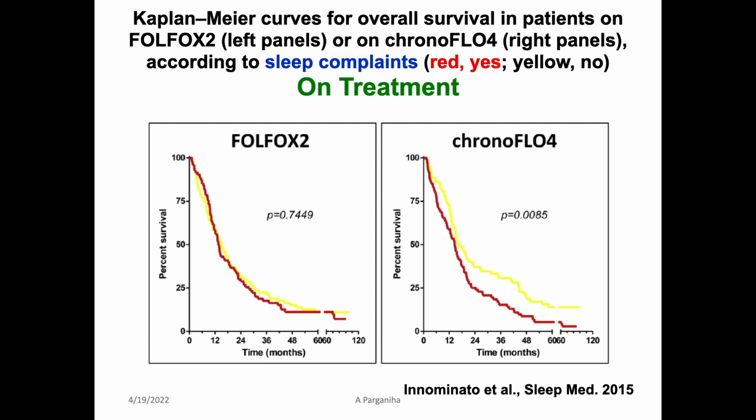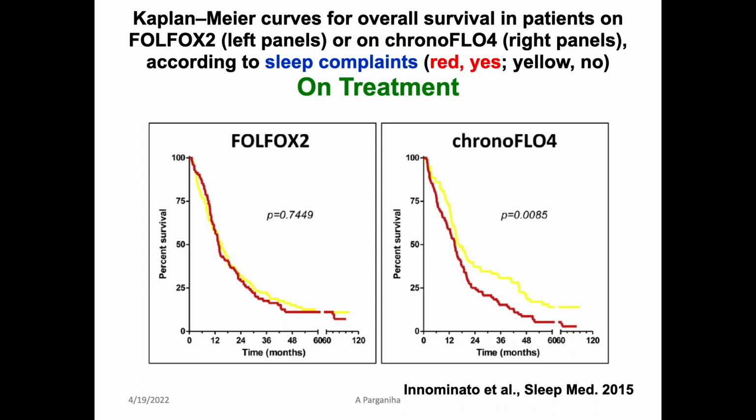flat chemotherapy, this is the survival, and the authors didn't find any difference between the 2 groups in case of the flat therapy. It means the patients who have a sleep complaint or no sleep complaint, the percent survival is the same in both groups.